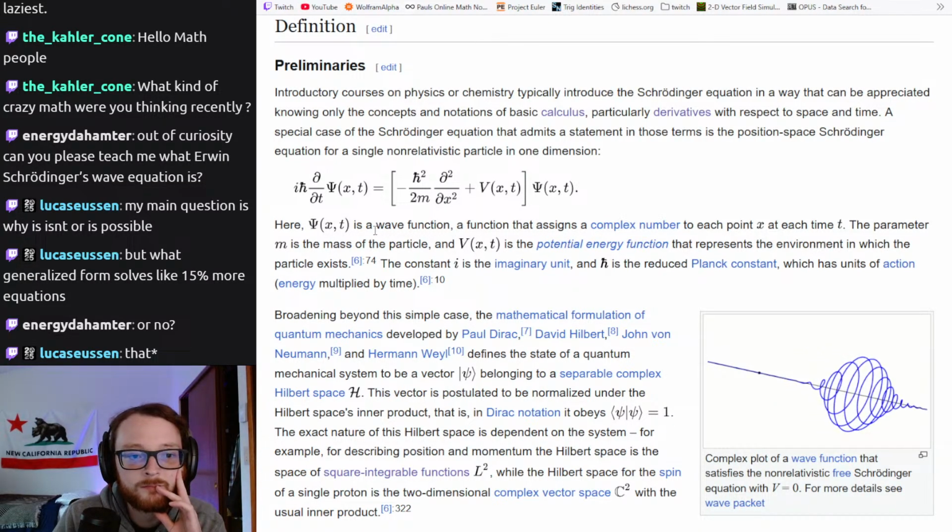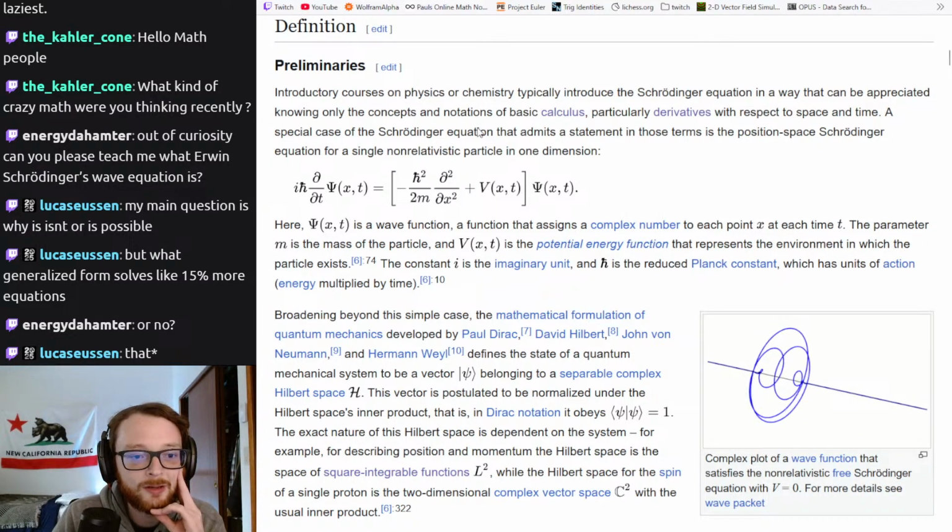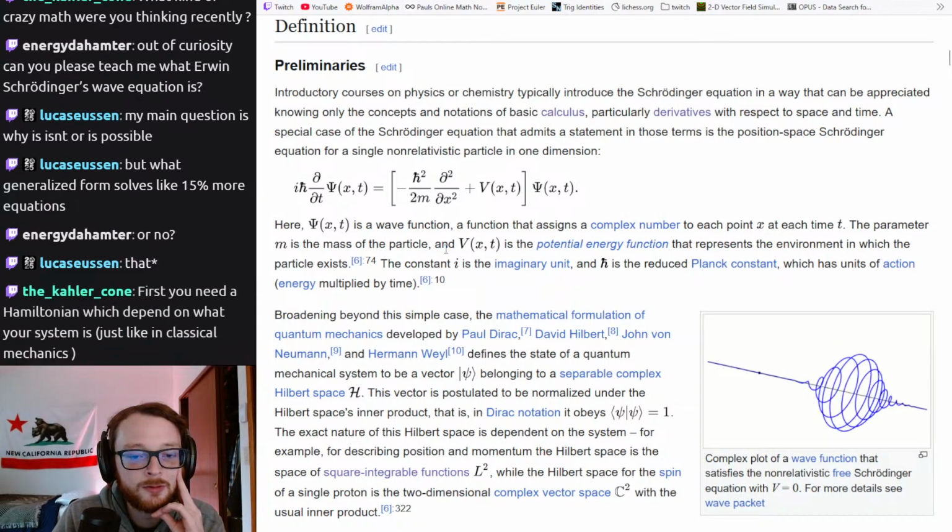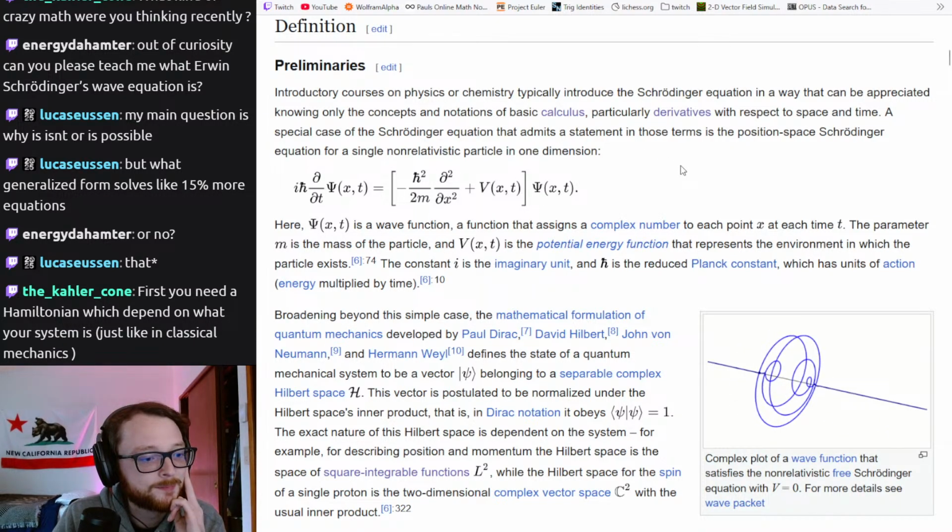Yeah, I don't know enough about where this comes from. I don't know really anything about the physics of this. I've messed around with it a tiny bit, just in the way that mathematicians do, ignoring what things actually mean and just trying to solve the equation. But I don't know anything about the physics of this, unfortunately.